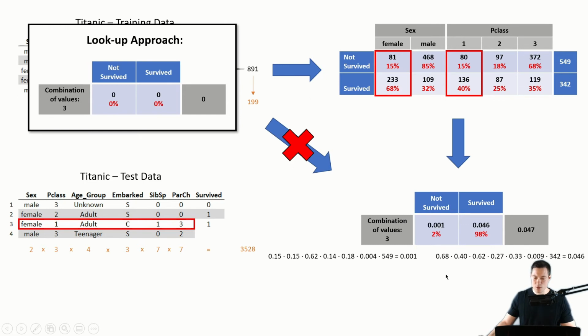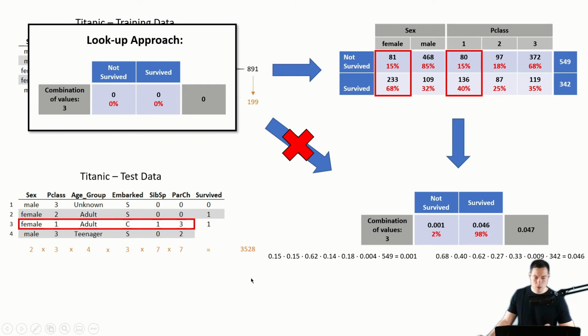Here is the calculation, and I've not created the whole table for that. I just wrote down the respective probabilities. And here, as you can see, our estimates are pretty small, and that's because we have to multiply together a bunch of probabilities. But looking at the percentages, we are again pretty sure that this passenger survived, which would be the correct prediction.